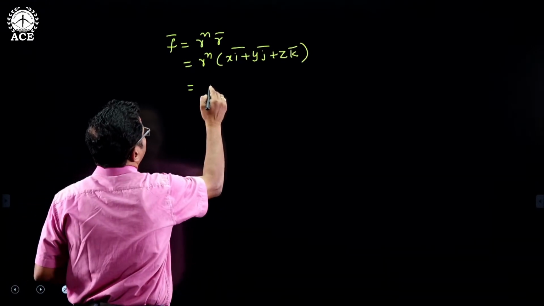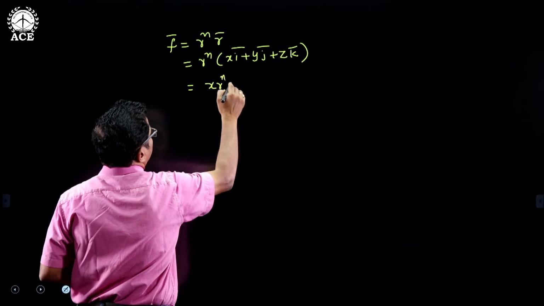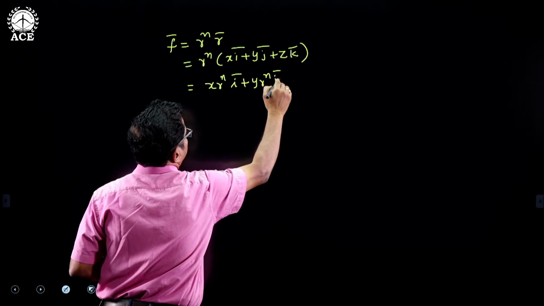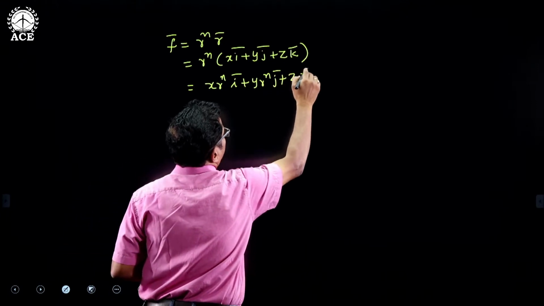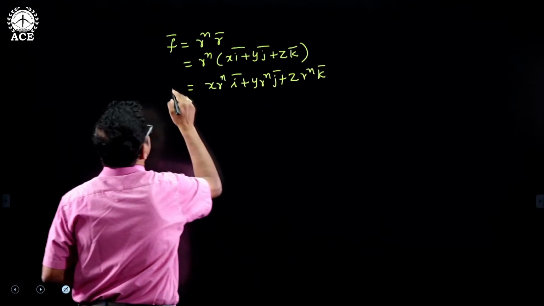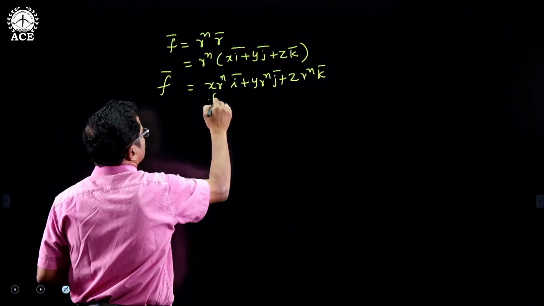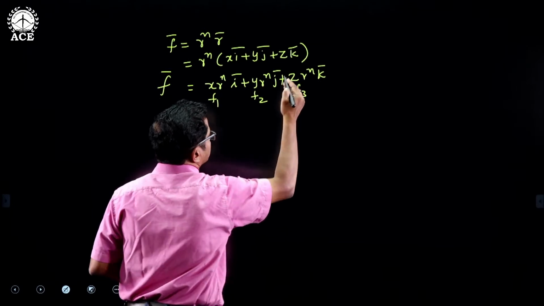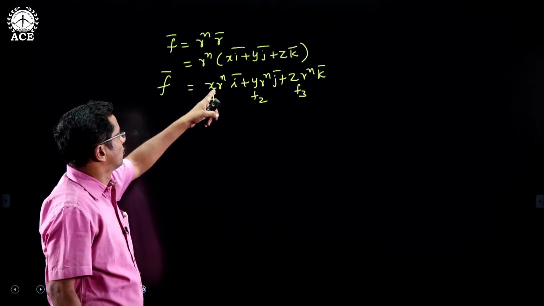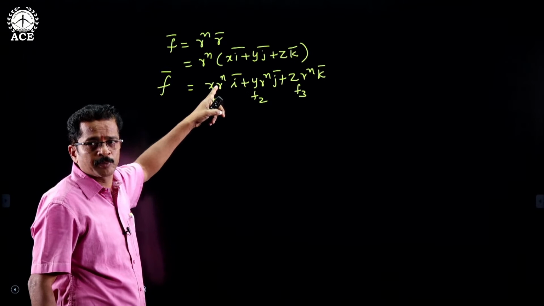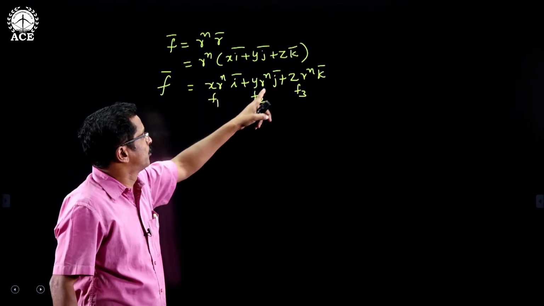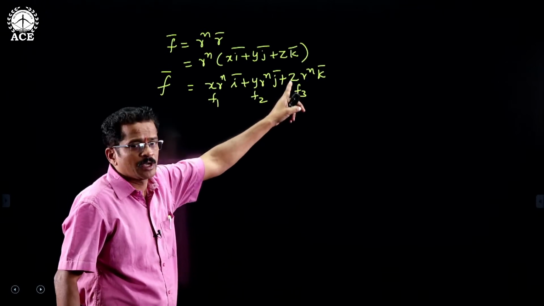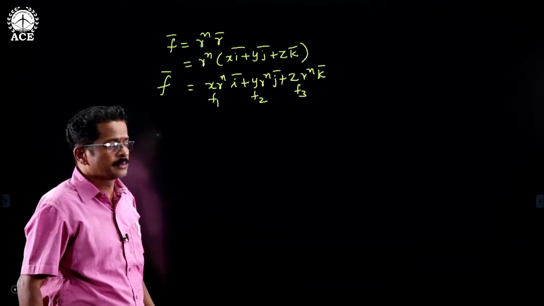So when I multiply, x into r power n i bar plus y into r power n j bar plus z into r power n k bar. So this is f bar. We assume this as f1, f2 and f3. Along i bar we have f1, that is x into r power n. Along j bar we have f2, y into r power n. Along k bar we have f3, z into r power n.